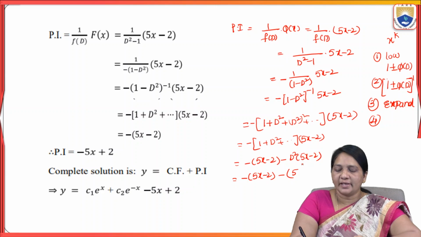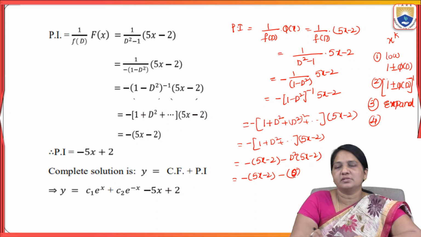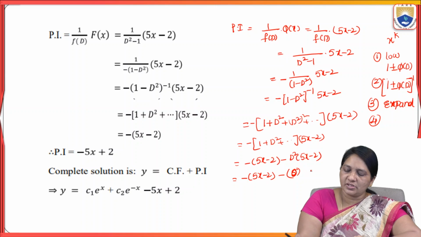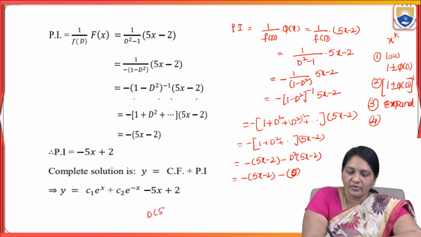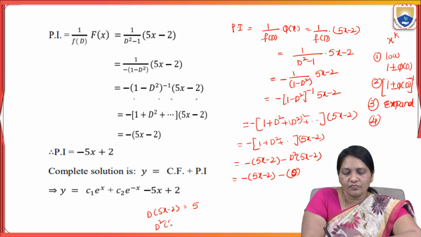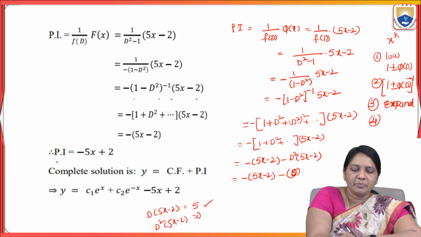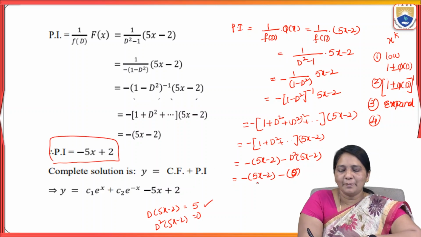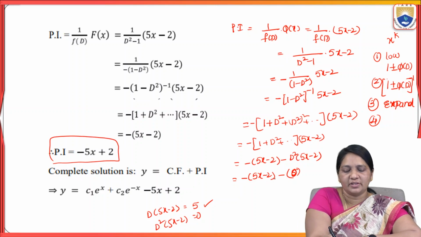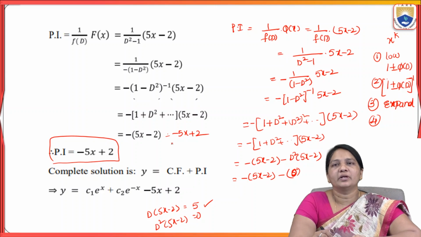If you apply the second differentiation, we are going to get 0. D of 5x minus 2 is 5, so D square of 5x minus 2 is 0 because this is a constant. So this value is 0. Finally, the PI value is minus of 5x minus 2, which is nothing but minus 5x plus 2. So this is the particular integral value.